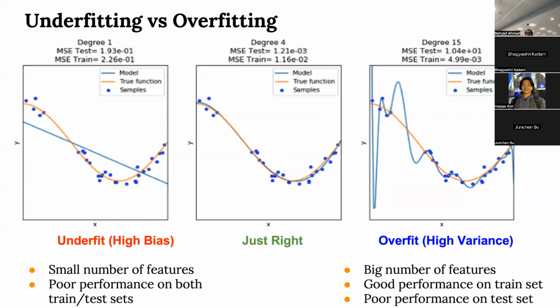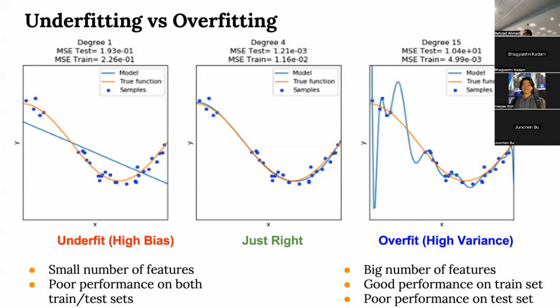On an underfit model, you have a very high bias. You have a small number of features, and the model performs poorly both on train and test. On the very right, you have an overfit model, which has high variance, has unnecessarily many features. It does a very good job on the train set, but very poorly on the test set.